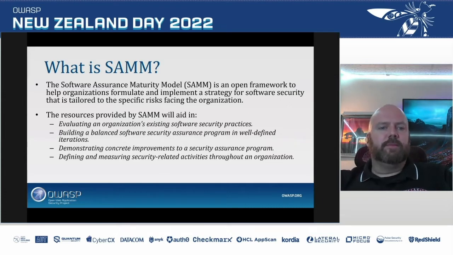So the goal is that SAMM can help you evaluate your existing practices, where you're at, and help you build a balanced software security assurance program. One of the things we try to do is not necessarily simplify things, but manage the complexity in the model so that things are easier to grasp and easier to figure out iterations.